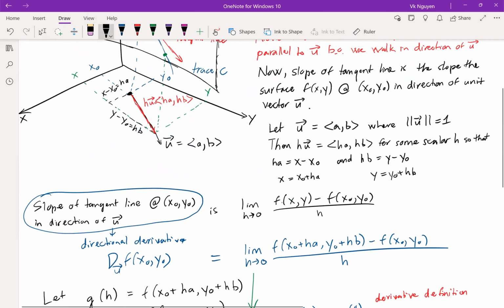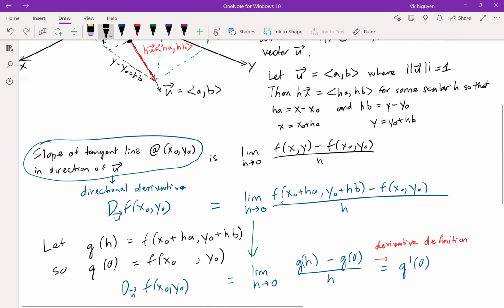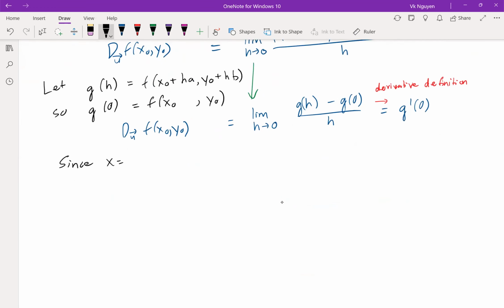Look at what we have. x equals x naught plus ha, y equals y naught plus hb. See, g(h) is the same as f(x, y). So we can do g prime of h, and we have to use the chain rule.